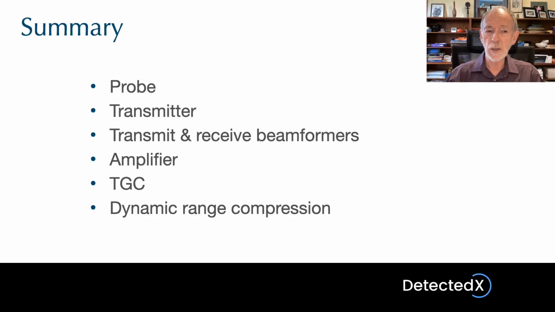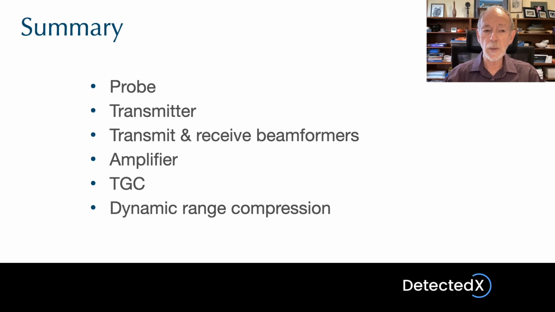So I have spoken about the probe and in particular about the cable. I talked about the transmitter and the transmit and receive beamformers. I talked about the amplifier. The only control you have on the amplifier, by the way, is just the overall gain control.